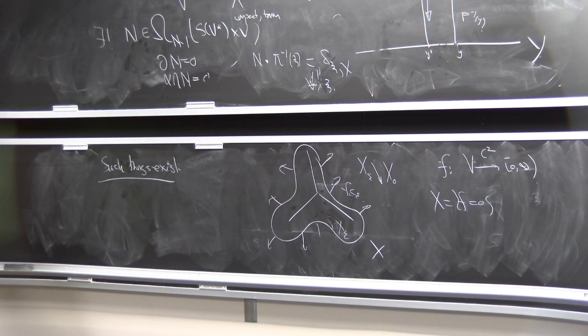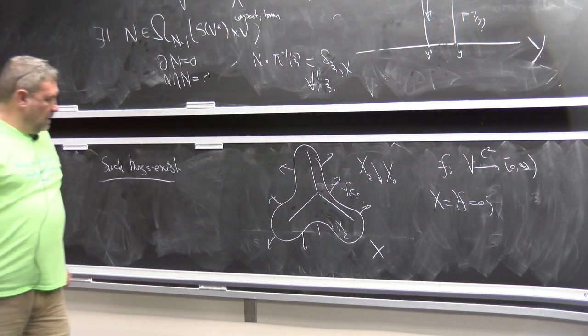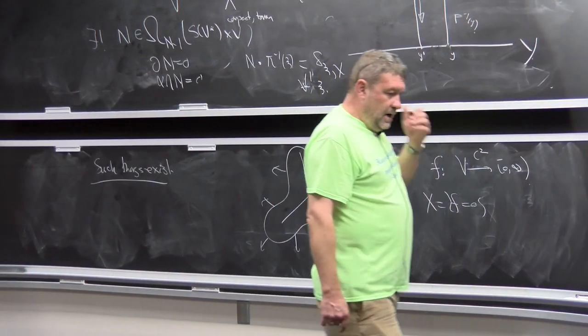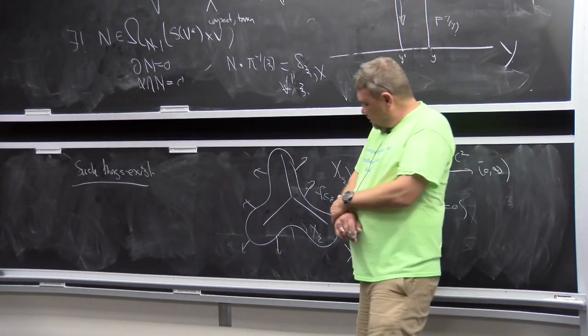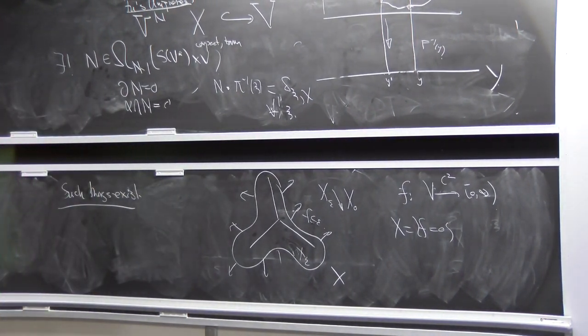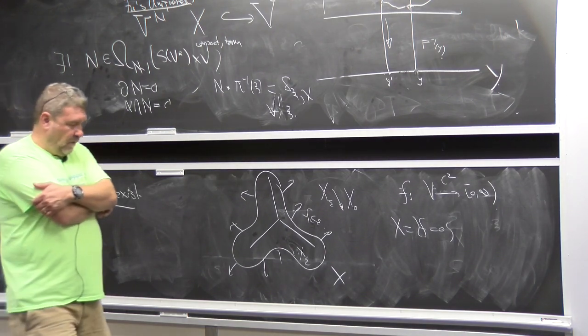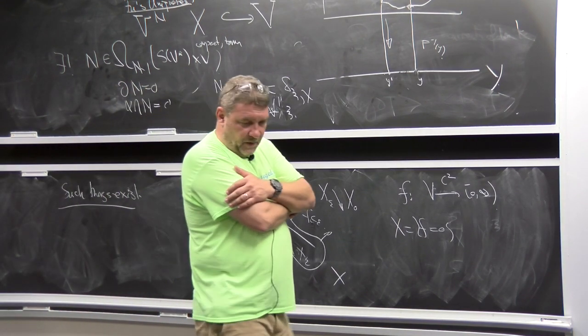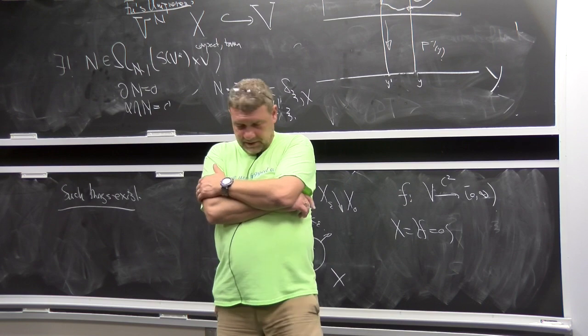So this is the existence. Now, you see, the normal cycle is the graph of a possibly non-existent Gauss map.